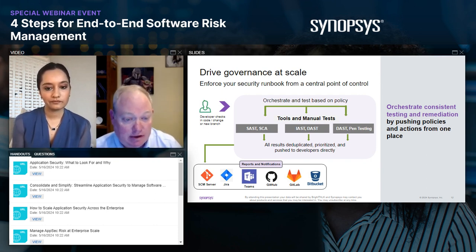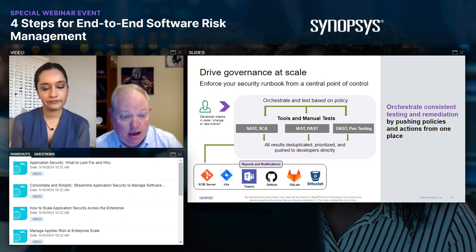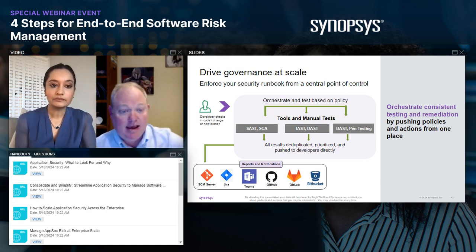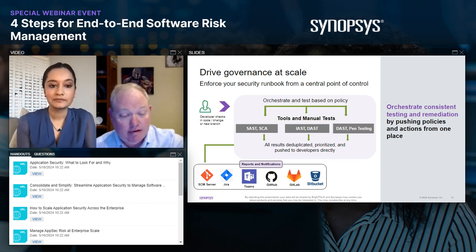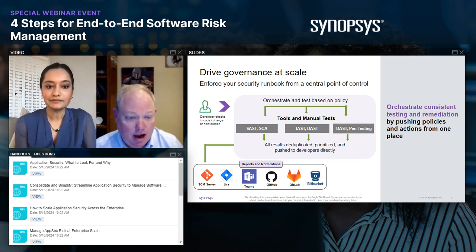A lot of compliance schemes say, hey, you have to do continuous monitoring, and then you need to provide an auditor proof of that. ASPM can be a central place to say, look here, I'm doing my SAST scans on pull requests. I'm doing a DAST scan every time I promote to pre-production.